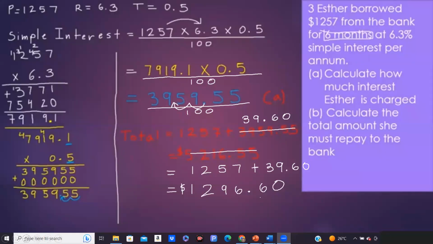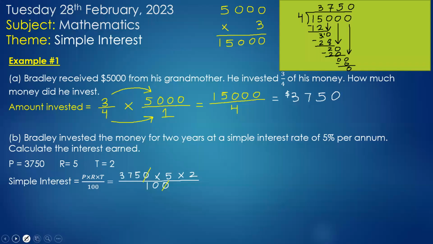All right, so let's go back to what we're doing for today. After we already cancel out the zeros, it's going to be equal to what? 375.